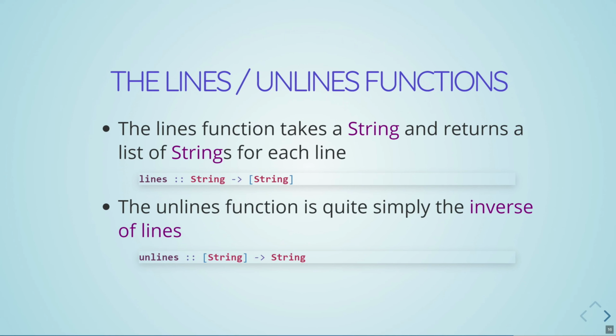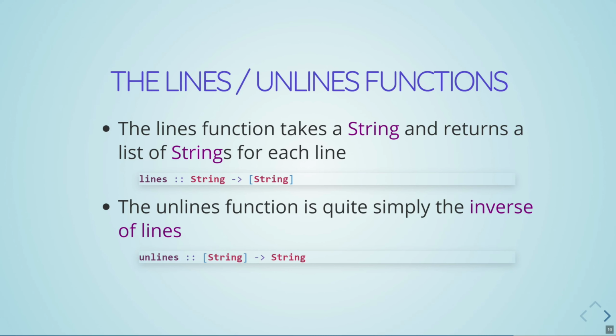Finally, two more functions to be aware of that are often used with IO sorts of functions are lines and unlines. A lot of the time when we read something from a file, you'll get the entire file contents as a single string, and that string will contain new line characters. A lot of the time you want to move through each line inside of that file.